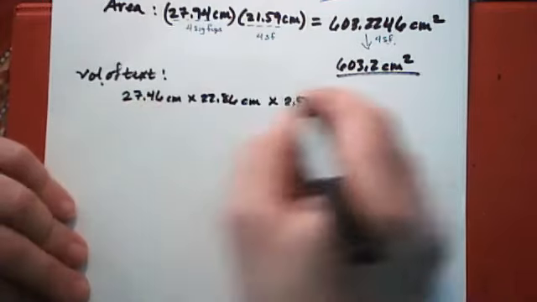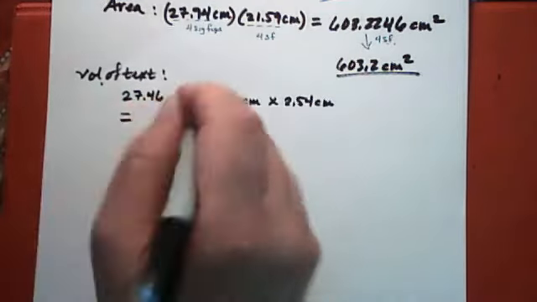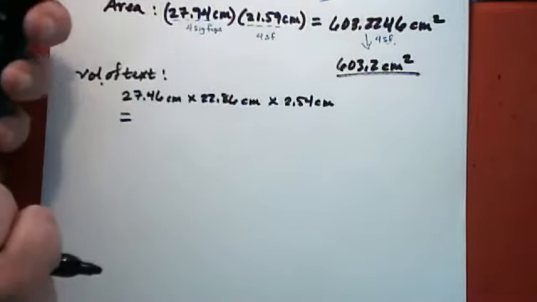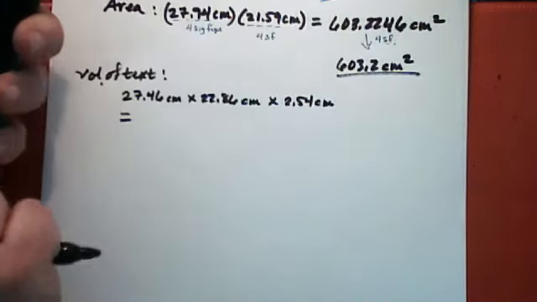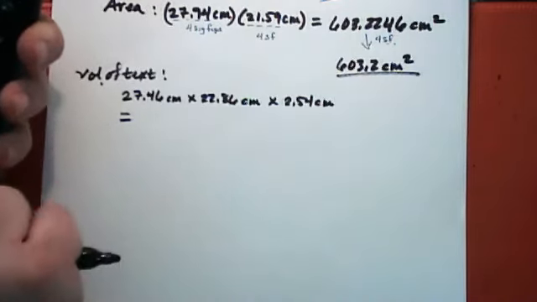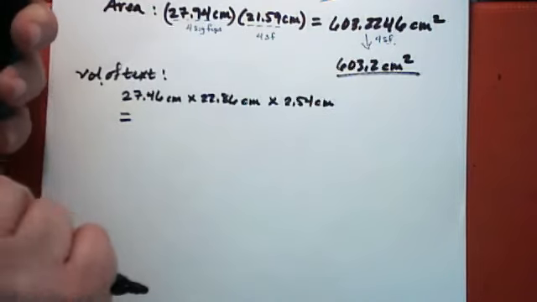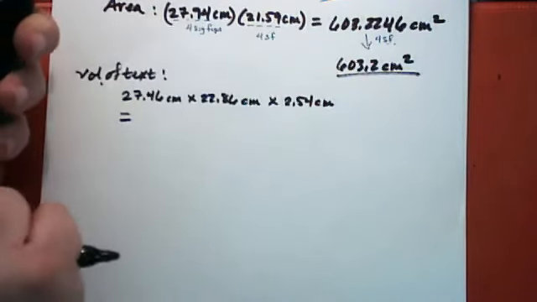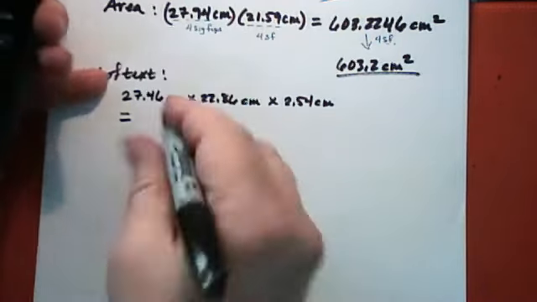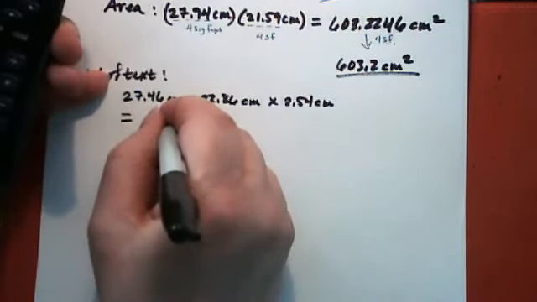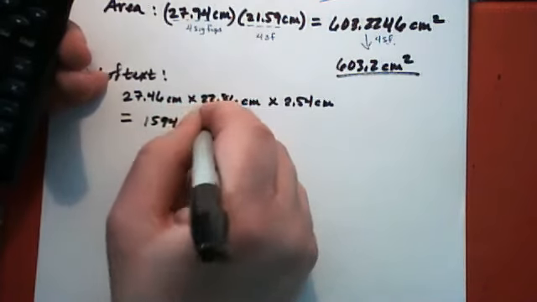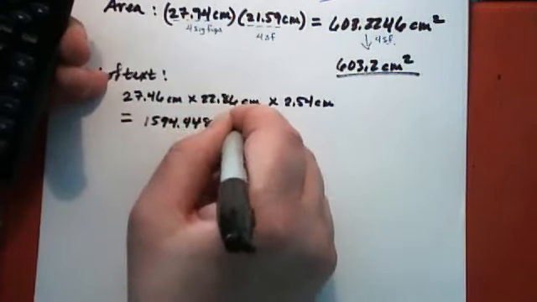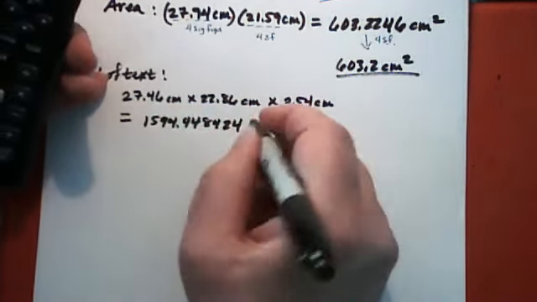And when you combine these numbers together to get the volume, you get 27.46 times 22.86 times 2.54. That gives you 1,594.44824. A lot of 4s in that number.